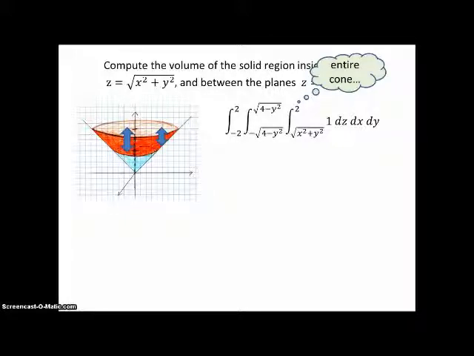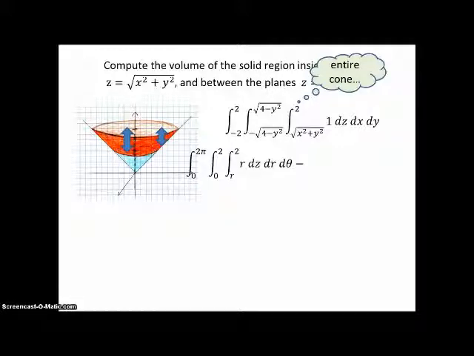If we try to integrate with respect to z and then substitute the square root of x squared plus y squared, that's going to be hard to integrate. However, if we change to polar, we get one integral for the entire cone.